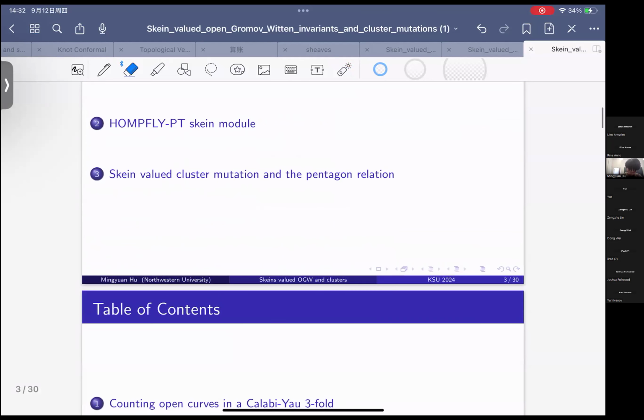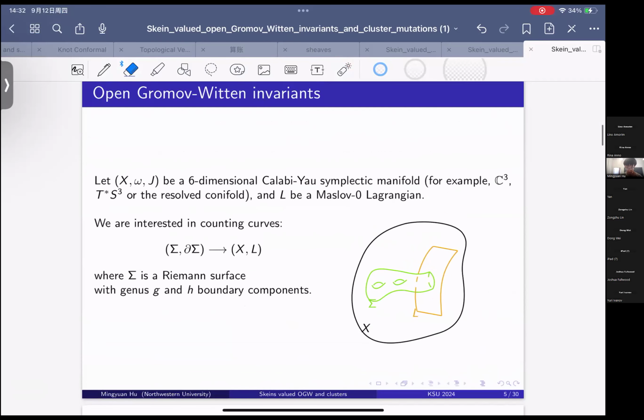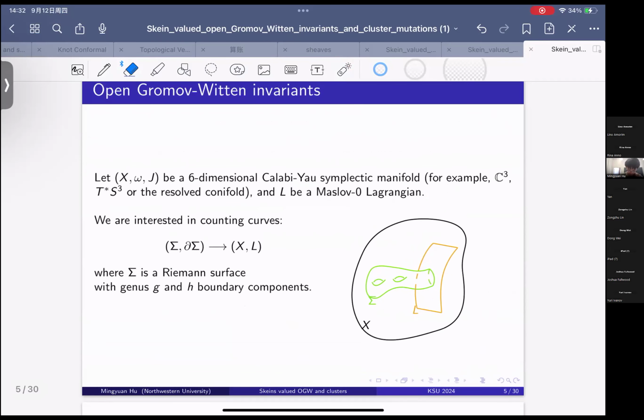The geometric setup is we have a Calabi-Yau threefold, or more generally, it could be a symplectic manifold of dimension 6, for example C3 or the resolved conifold.